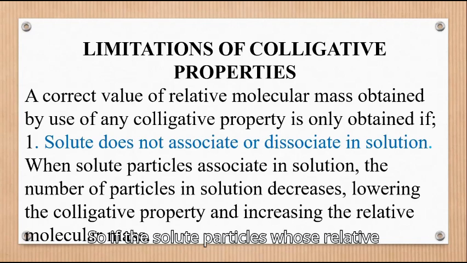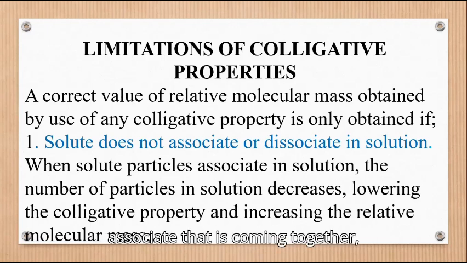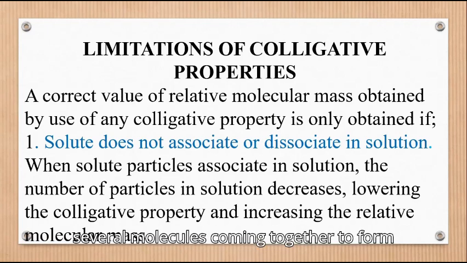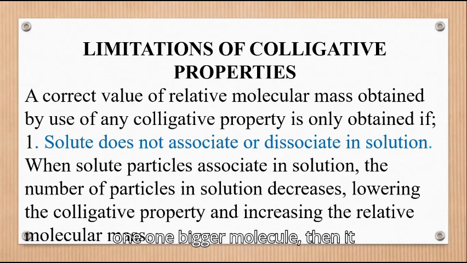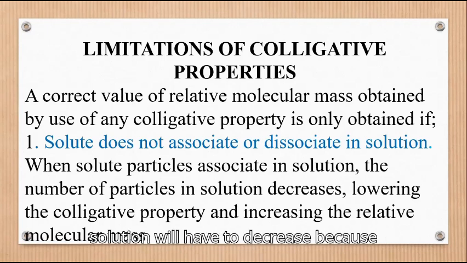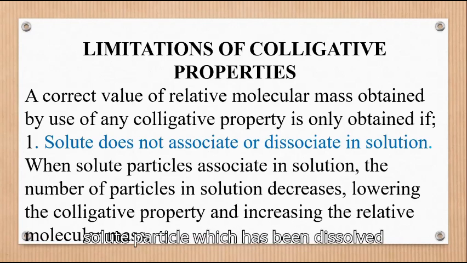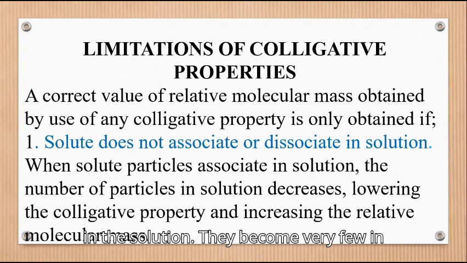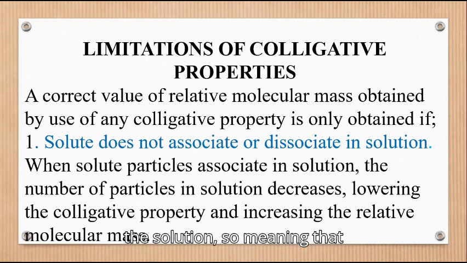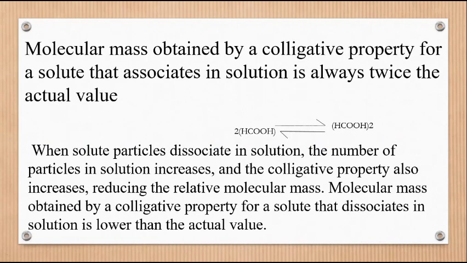So if the solute particles whose relative molecular mass is to be determined associate, that is, several molecules come together to form one bigger molecule, then it means that the number of particles in the solution will decrease, because after combining, these smaller solute particles which have been dissolved in the solution will become very few in the solution. So meaning that there shall be lowering of the colligative property and increasing of the relative molecular mass.